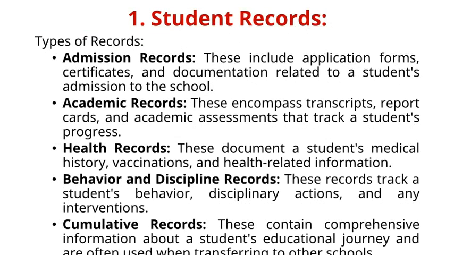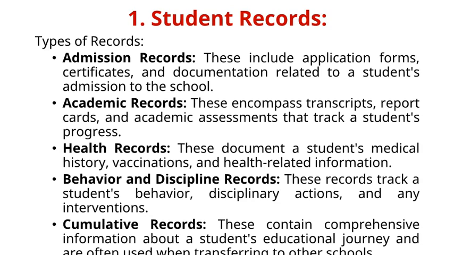Let's discuss student records, types of records. Admission records: these include application forms, certificates, and documentation related to a student's admission to the school. Academic records: these encompass transcripts, report cards, and academic assessments that track a student's progress.